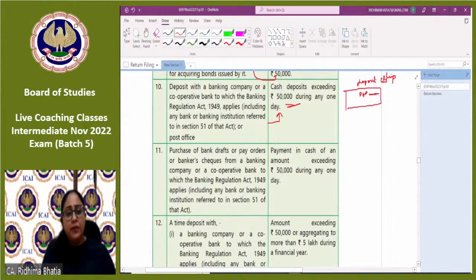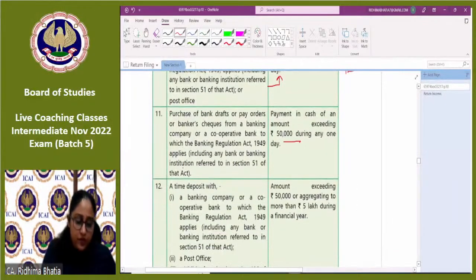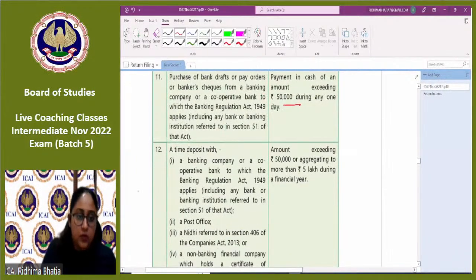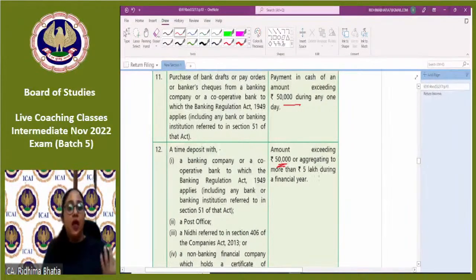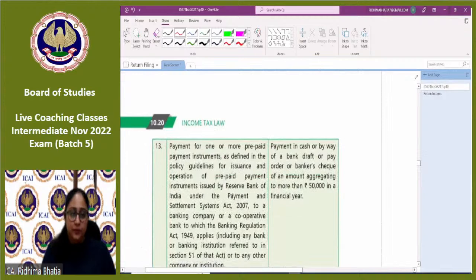Same, if you make a cash payment for DD or pay orders for 50,000 or more, you have to give your PAN number. If you are opening an FD with a banking company, post office, Nidhi Bank, NBFCs for an amount exceeding 50,000, if one FD is more than 50,000 or in aggregate the FDs are more than 5 lakhs, you have to give your PAN number.